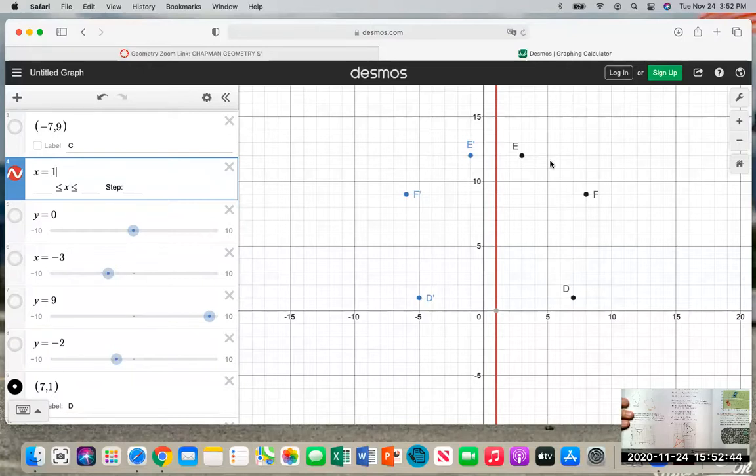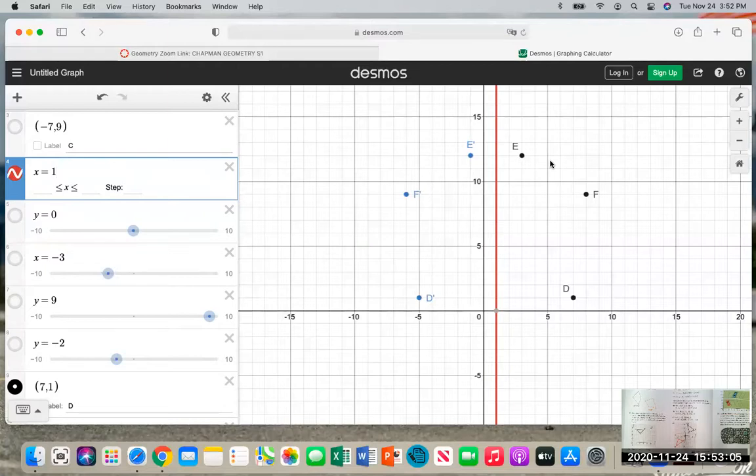So if I was writing that, I'm going to go ahead and write this, and then at the end I will show you what these things look like. So for number 18, I'm going to write it from left to right. Remember, we always do the reflection first, but we write the translation first.